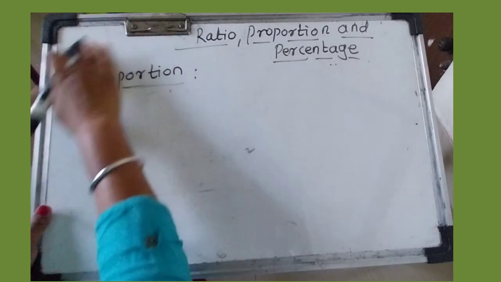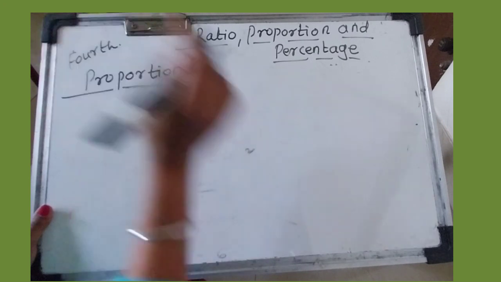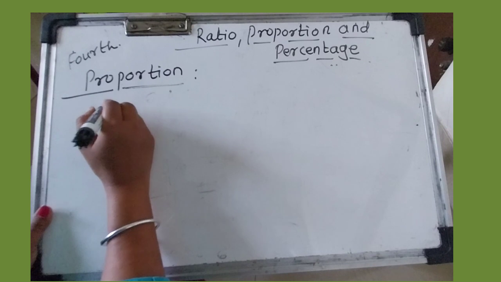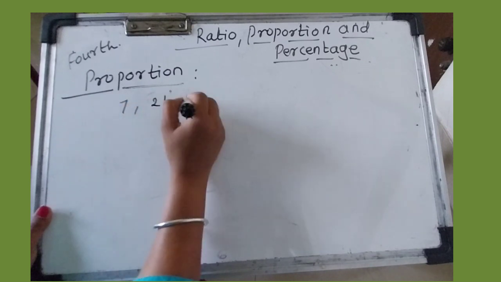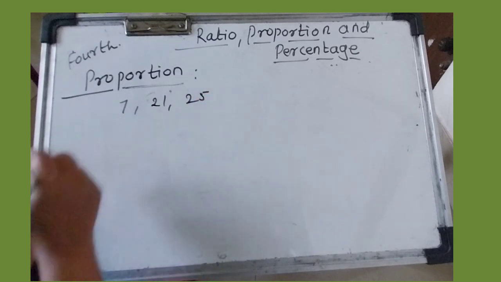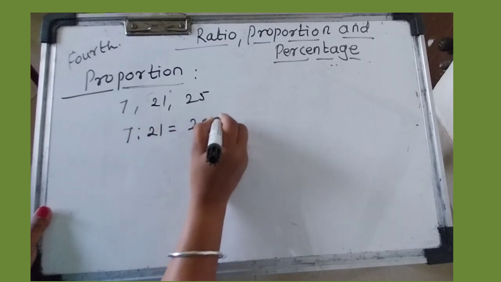Similarly, next topic is the fourth proportion. Very simple topic it is. They ask, find the fourth proportion of 7, 21 and 25. We have to find the fourth number. So I write 7 is to 21 equal to 25 is to x.